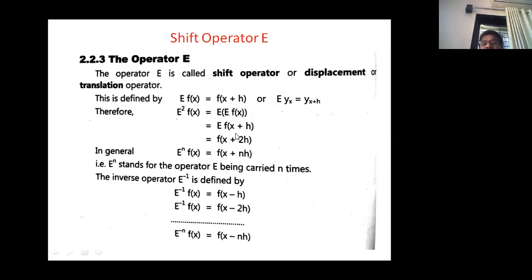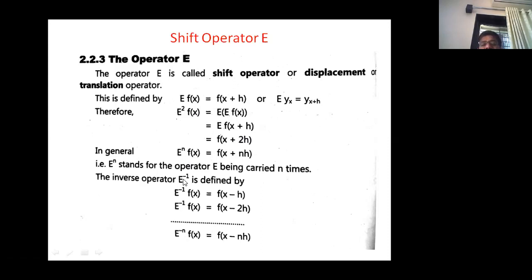And then E f(x+h) is f(x+2h). So the next point of x+h is x+2h. If we find E cube f(x), then it is f(x+3h). And therefore E raised to n f(x) is f(x+nh).